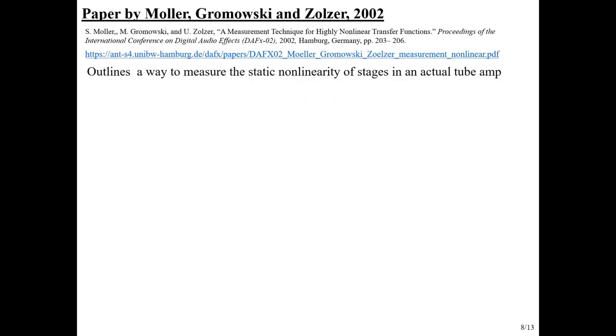Now, this is an interesting paper. It's not so much talking about how to implement these digital models. It's talking about how to figure out what nonlinearities you should put in there. So again, right in the title, a measurement technique for highly nonlinear transfer functions. Doesn't say anything about tube amps, but that's what they're aiming for.